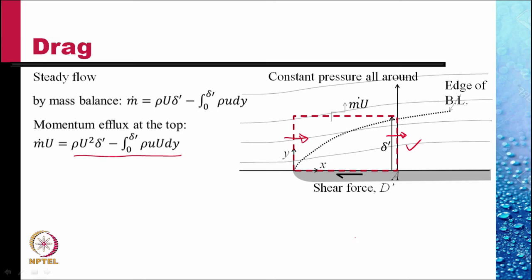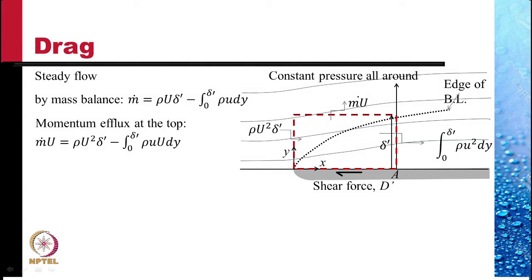This is the momentum flux at the top surface. And the momentum influx at the left surface is rho U square delta prime, because everywhere the velocity is the inviscid velocity capital U. At the right surface, the momentum flux is obtained by integration of rho u square dy.